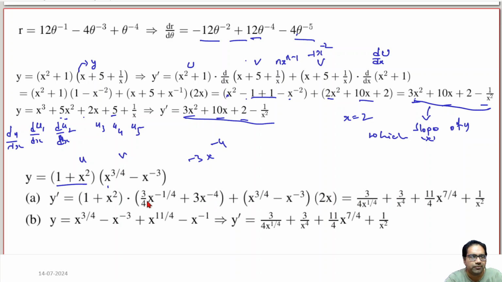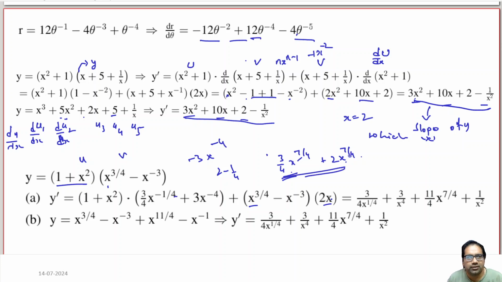Then x squared into 3 by 4 x power minus 1 by 4 becomes 3 by 4 x power 2 minus 1 by 4, and 2 minus 1 by 4 is 7 by 4. Right, that is this part. Then x power 3 by 4 into 2x is 2 x power 1 plus 3 by 4, that is 7 by 4.